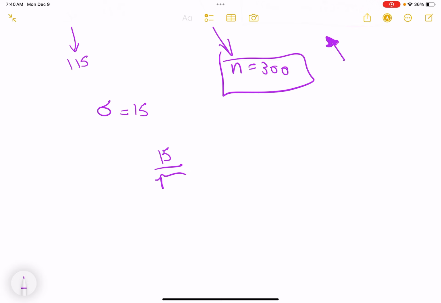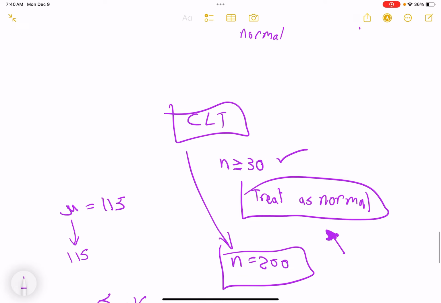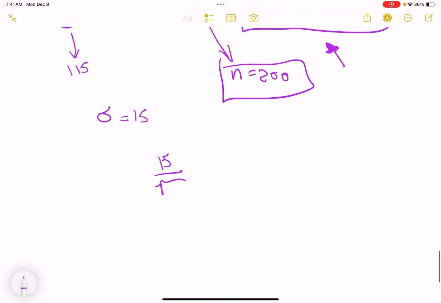We put that as the denominator. We solve for what is the standard deviation for the sampling distribution. And of course, the answer there will be 1.061 or whatever that is. So our answer should be answer C, that says mean of 115, standard deviation of 1.061.